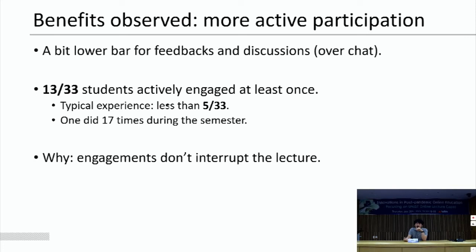Because I added those in the grading scheme, I had to count how many students actively participated in the discussions, and I found that 13 out of 33 students have actively engaged at least once, which is pretty much higher because in previous courses operated offline, I have observed only 3 to 5 students out of 33 participating actively.